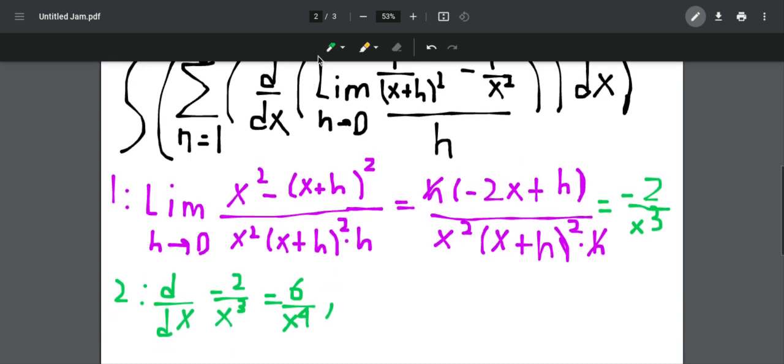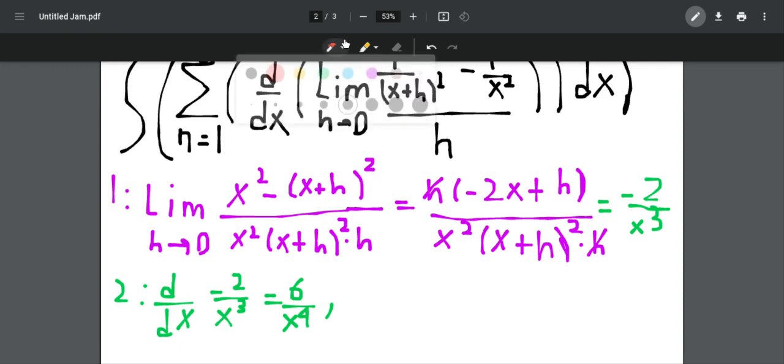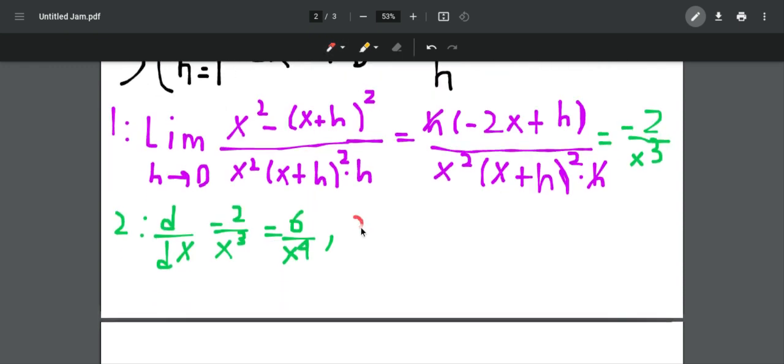In the third part, we should take the sum from 1 to infinity. So I'm going to write part 3. If we take the sum from 1 to infinity, and change the variable, we get 6 over n to the 4th power.